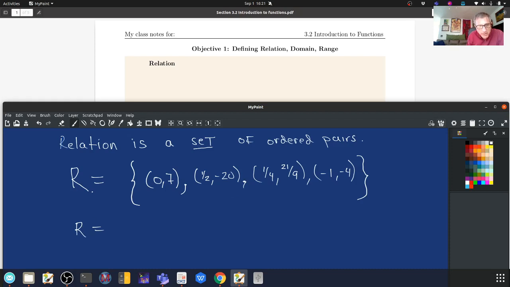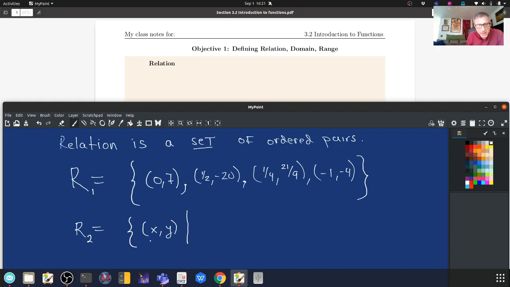But I'll call this relation 1, and I'll call this relation 2. Here is another way to write a set that has so many elements in it, it's impossible to list them all.